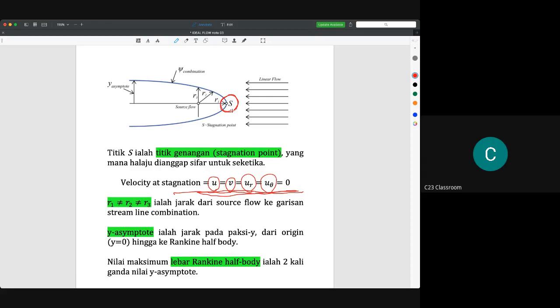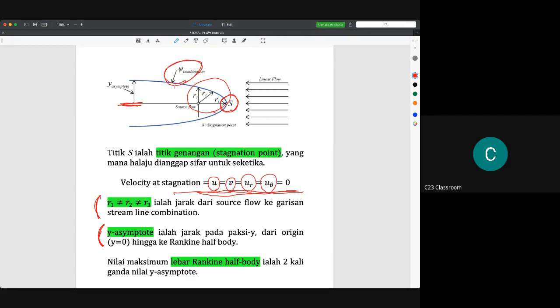They just collide, they stop for a while, and then they need to go to another path. Okay. And then as I said, the value of R1 is not necessarily equal to R2 because the R here is different. And then the y asymptote here is the vertical distance, meaning distance on y-axis, starting from y equal to 0, from the center line here to the Psi combination line.